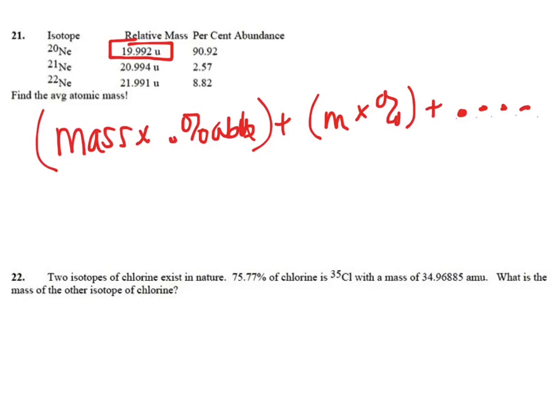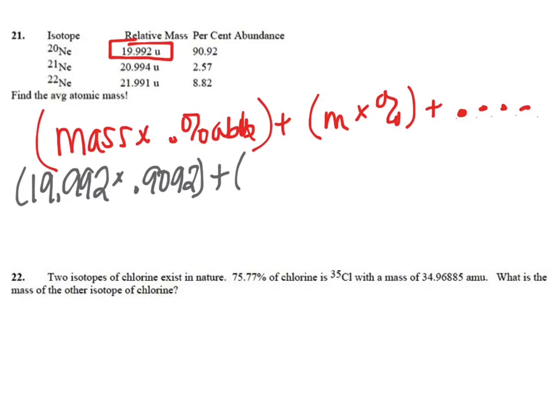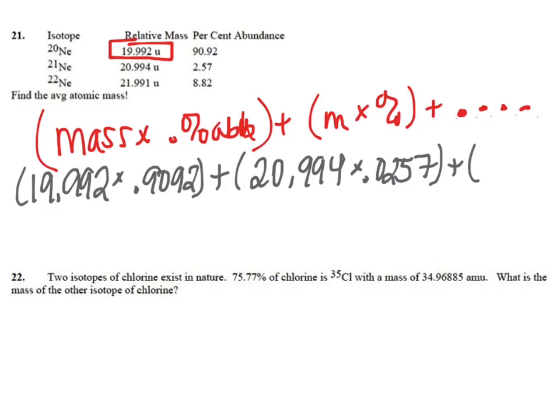So here in this next problem, we have find the average atomic mass. So our relative mass is 19.992, and we're going to multiply that by 0.9092. We're going to add that to 20.994 and multiply that by 0.0257. And lastly, we're going to take 21.991 and multiply that by 0.0882.